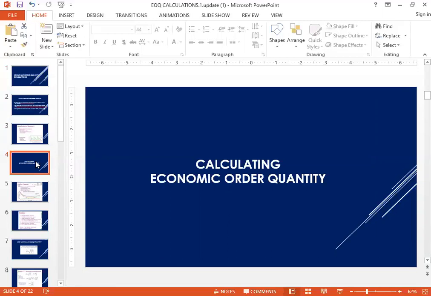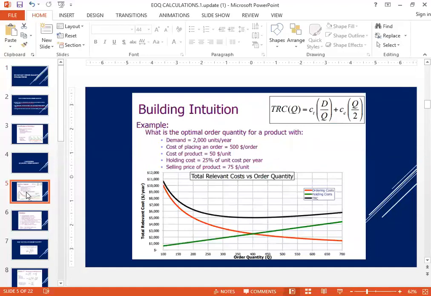All right, next I'm going to talk to you a little bit about calculating the economic order quantity. As I just mentioned, for any company, there are some holding costs or carrying costs. Just to remind you, they're basically costs of storage.